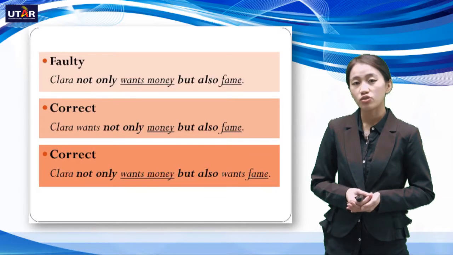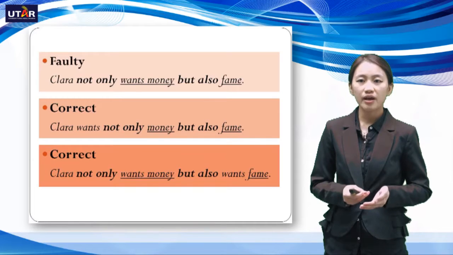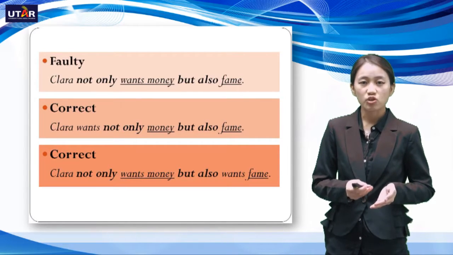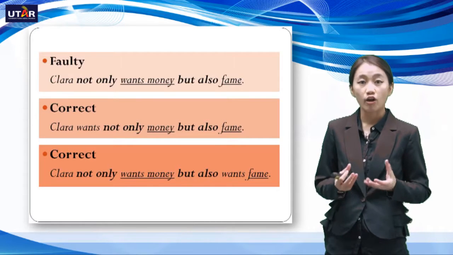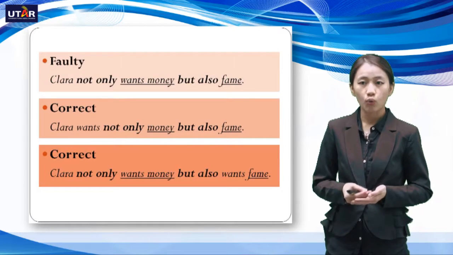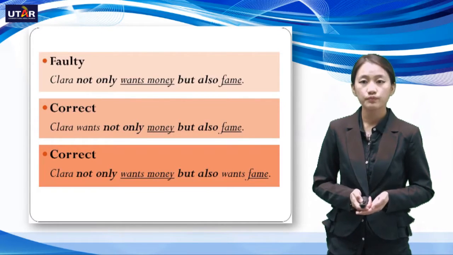Fame is only the noun. So wants money is considered like an object or the noun here. But as you know, wants is a verb, so it's actually not considered as a noun.